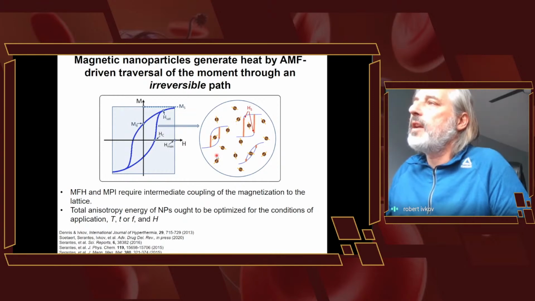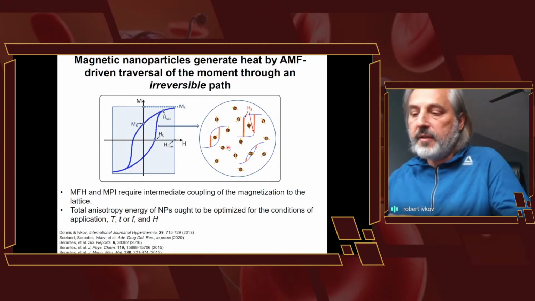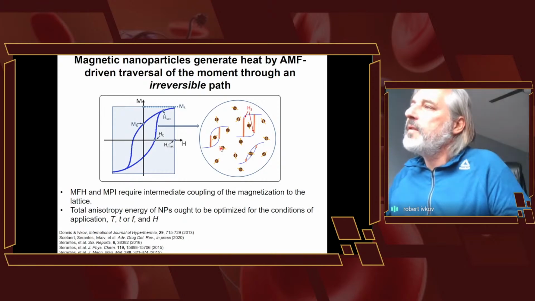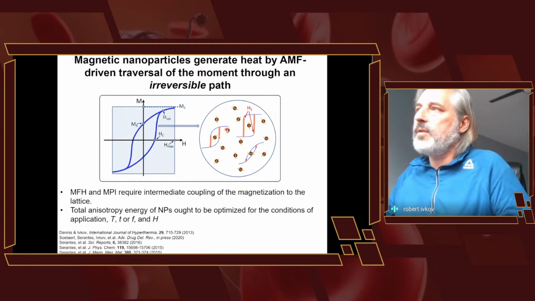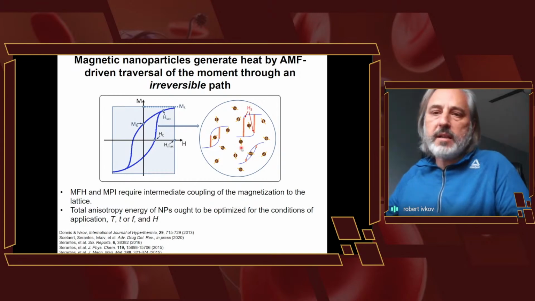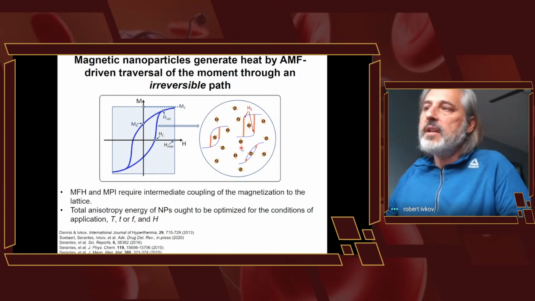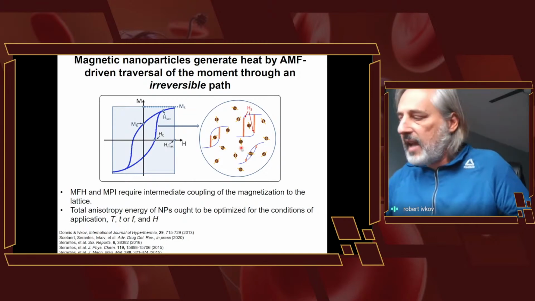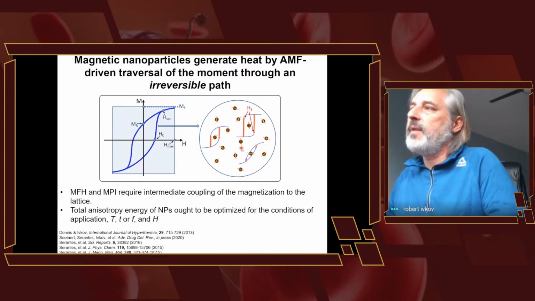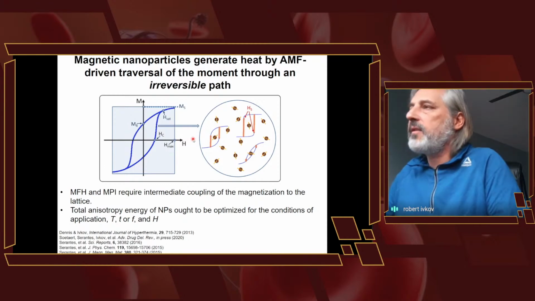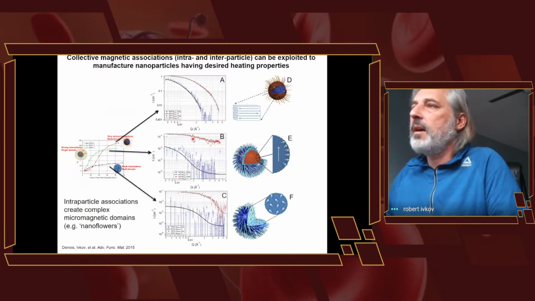So there is a potential for dipole interactions, because magnetic force is a long-range force. This magnet may actually influence this magnet, and so it might change the hysteresis properties. So there's orientation, and there are collective or interparticle interactions, and all of these effects average out in a suspension of nanoparticles to give us a really complex average or mean effect.